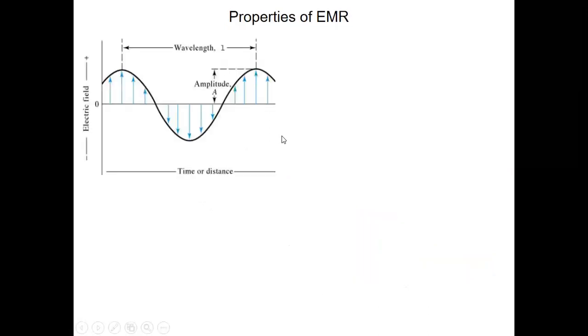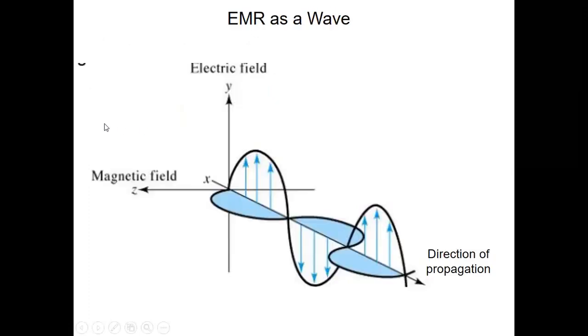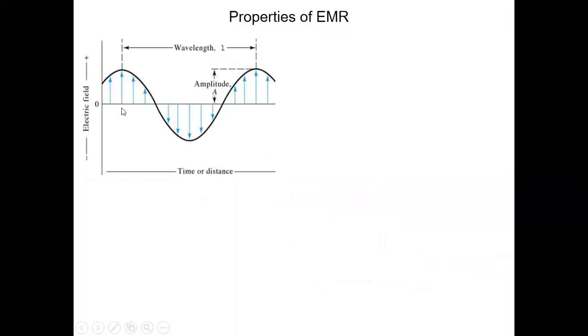And I mentioned earlier that this has wavelength, amplitude, and all these things, and it is similar to the sine wave shape. Here I showed you the 2D image of the electric field.